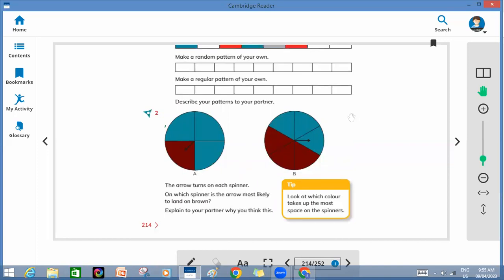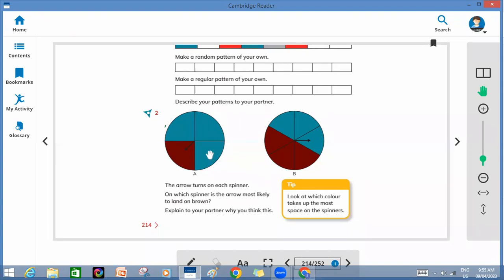The arrow turns on each spinner. On which spinner is the arrow most likely to land on brown? Explain to your partner why you think this. Look at which color takes up the most space on the spinner.